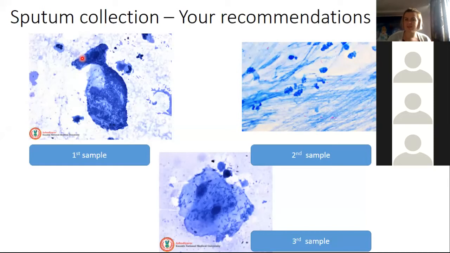What do you see in this picture? Describe it. Presence of cells, maybe. What kind of cells do you see here? WBCs.